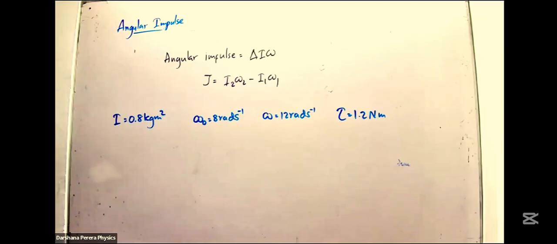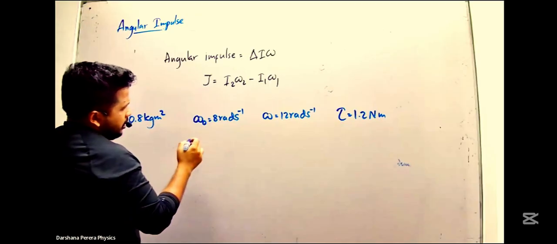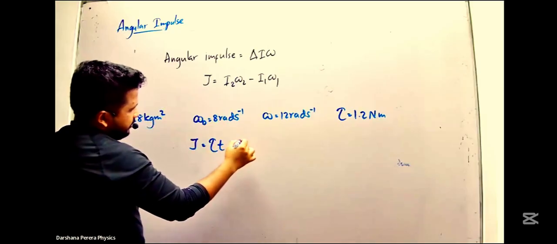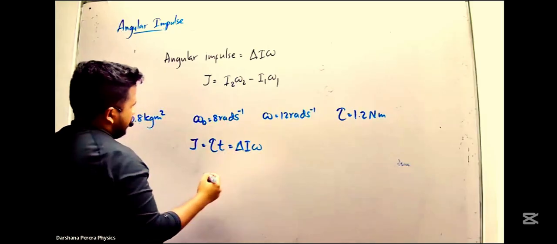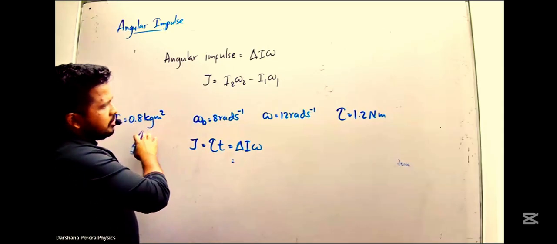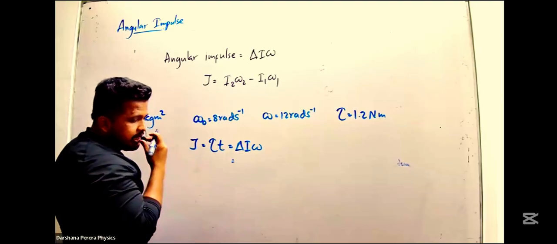To solve that problem, we only have to use angular impulse, which means the change of momentum. That means angular impulse, tau into t, equals delta I omega. I does not change. Therefore I omega means the final angular momentum minus initial angular momentum.